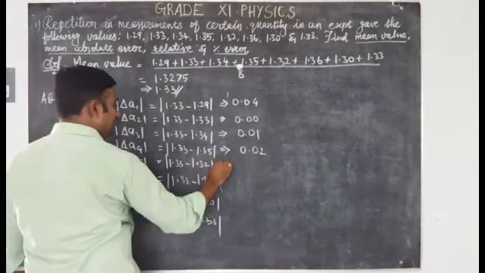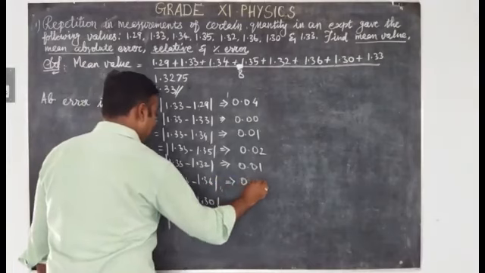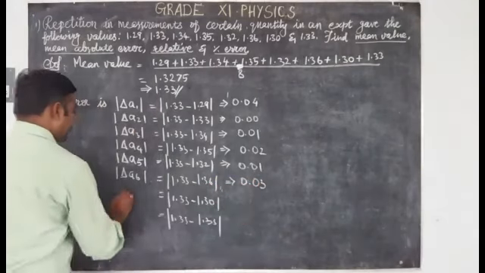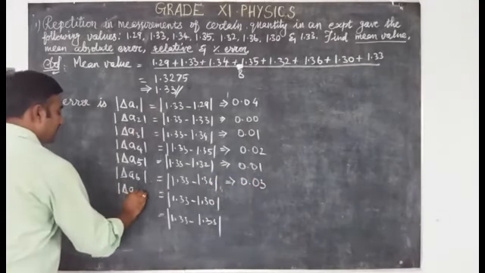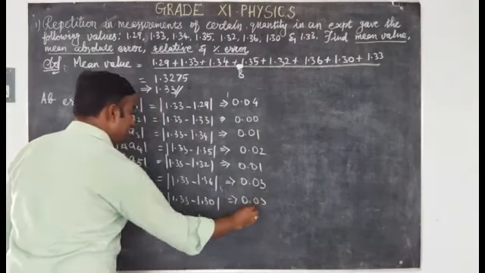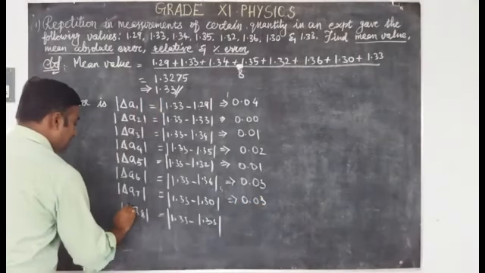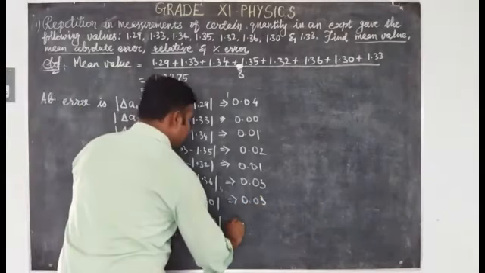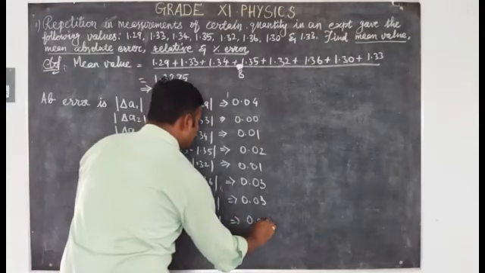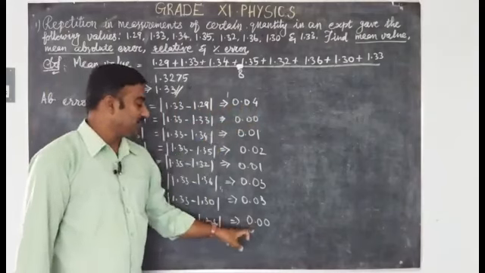Delta A5 is 0.01. Then delta A6 is 0.03. Delta A7 is 0.03. Then delta A8, the eighth measurement, is 0.00. So these are the values, 0.04 to 0.00.